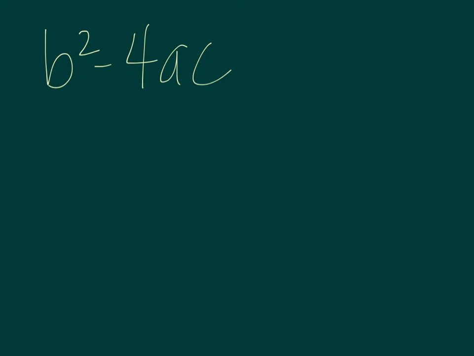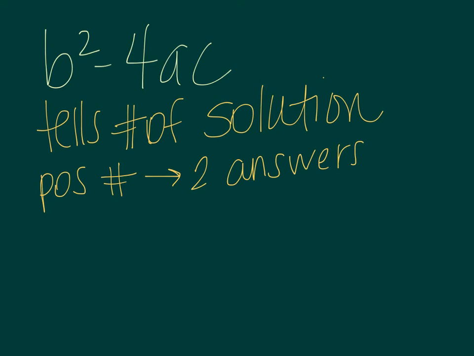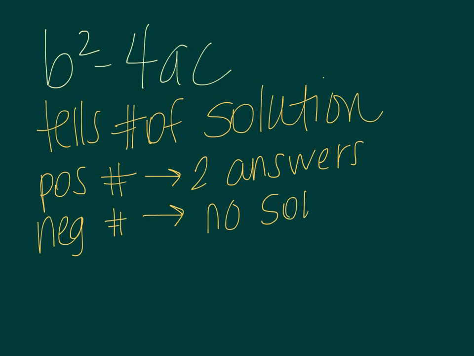So all your discriminant does is it tells you your number of solutions. When you solve it, if you get a positive number, that means that you will have two answers. If you get a negative number, that means you have no solution, or there are 0 answers.